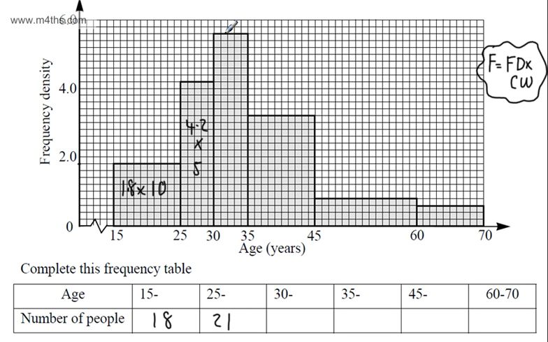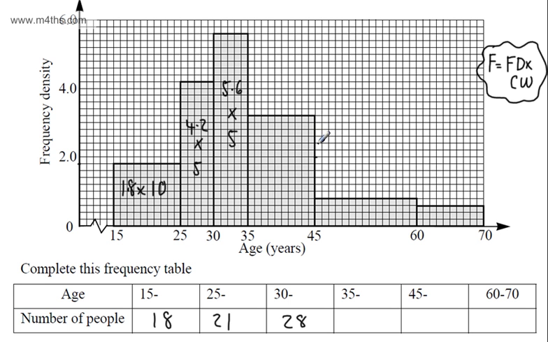This one looks to be now 5.6. So 5.6 multiplied now by the 5. So that is going to give me now 28. So let's put 28 in there. This one, we've got now a frequency density. Again, it's quite hard to read. Let's just go up from 2. 2 is going to be just there.